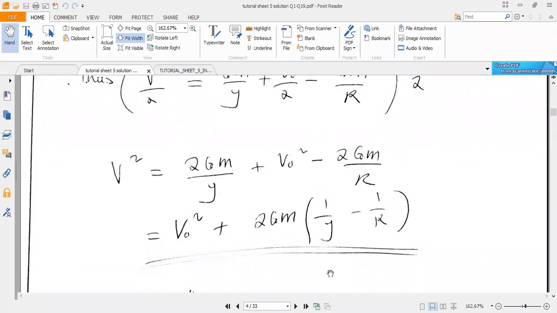Then we can say v squared is equal to v naught squared plus, factoring out the 2GM because it's common between these two, plus 2GM. This becomes 1 over y, the other one becomes 1 over r. So it will be 1 over y minus 1 over r.